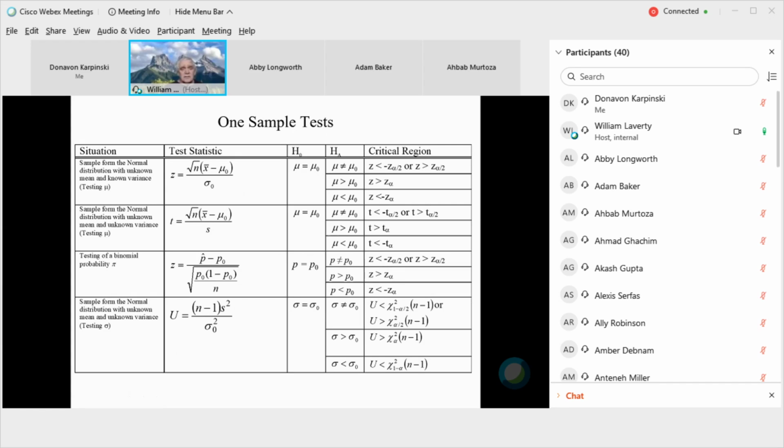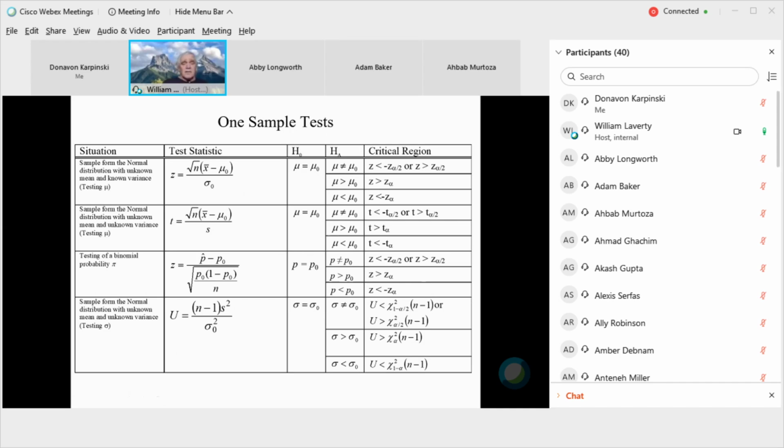The Z test. We're testing whether the proportion is equal to P naught. This is the standard deviation of P hat if P naught is the correct proportion. There's the critical region depending on whether the alternative is one-sided or two-sided.